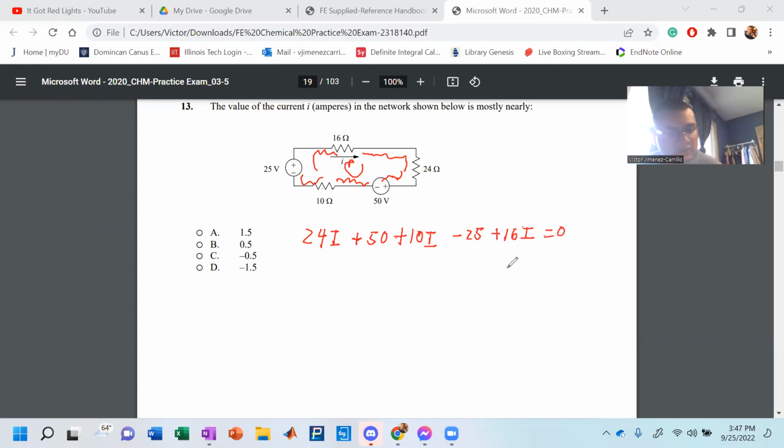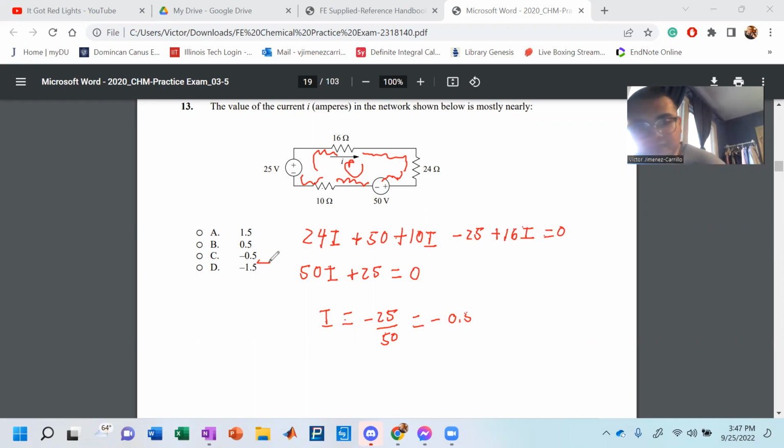Now, combine like terms, and you're going to get 50I plus 25 volts equals 0. Solve for I. You get negative 25 divided by 50, which is the same thing as saying negative 50% or negative 0.5. And that's the answer.